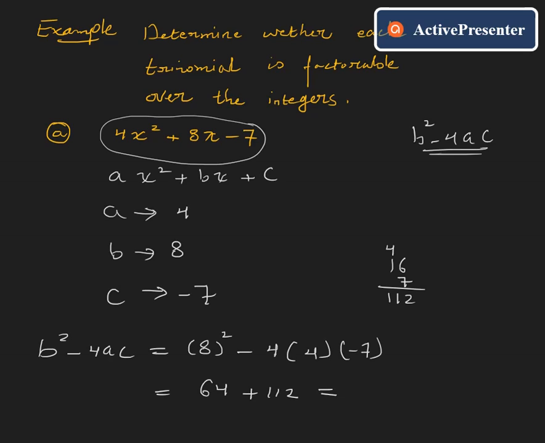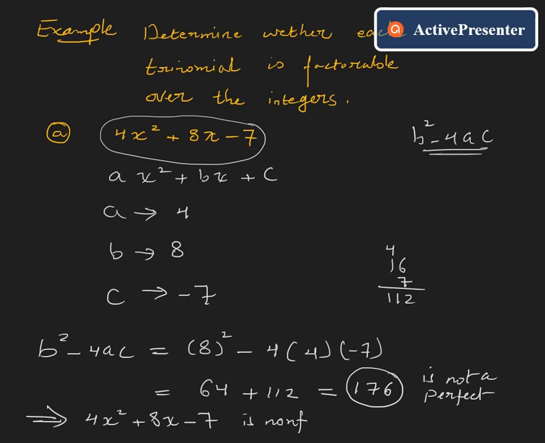This is equal to 176. Is 176 a perfect square or not? 176 is not a perfect square. What do we get now? This implies that 4x squared plus 8x minus 7 is non-factorable over integers.